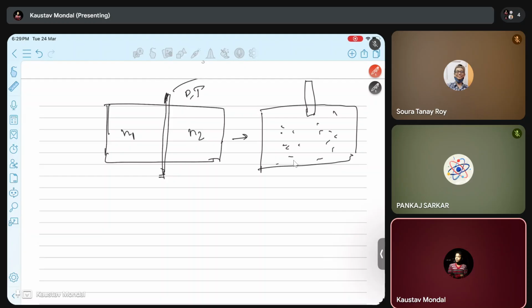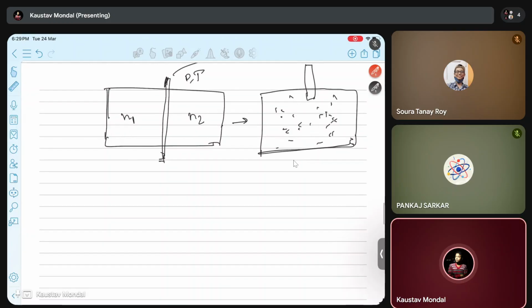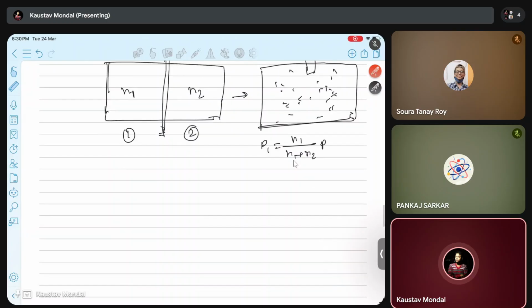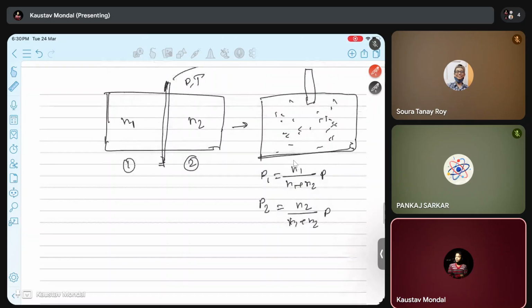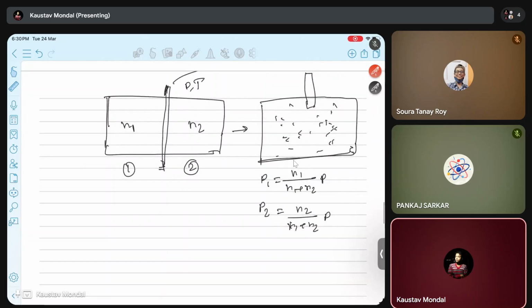From the concept of partial pressure, the N1 mole of type 1 gas has pressure P1 equal to N1 by N1 plus N2 times P, and for type 2 gas the partial pressure P2 is N2 by N1 plus N2 times P. This is the initial state.